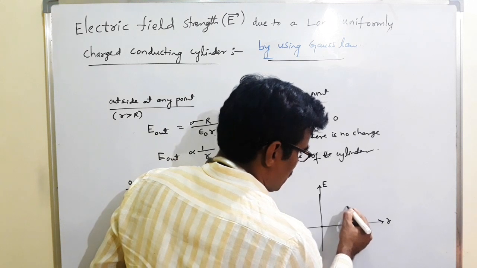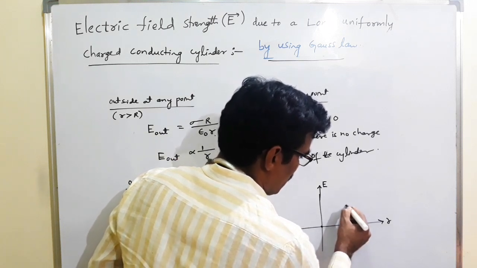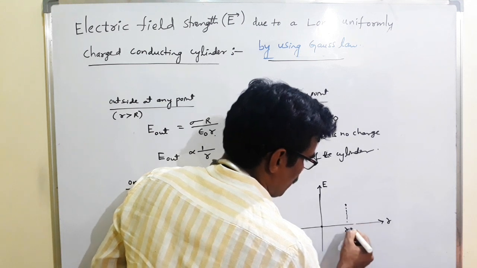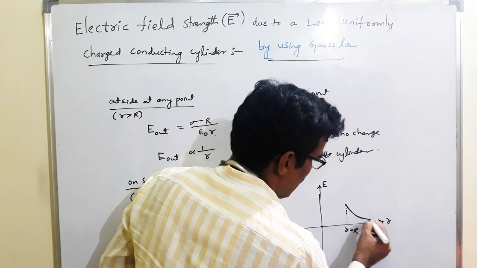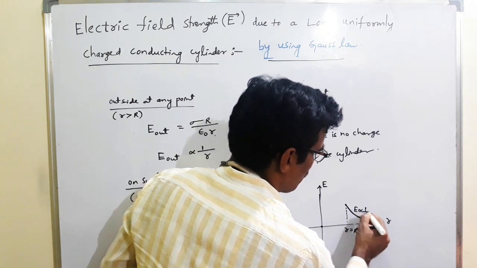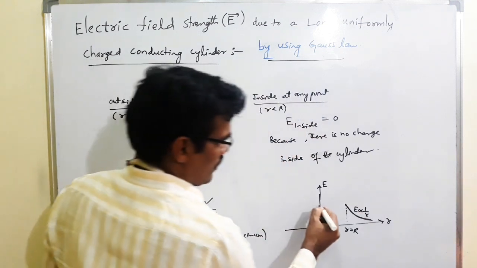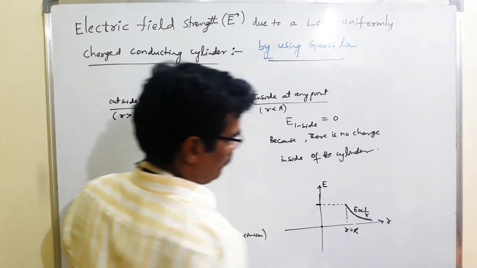That's why the field starts at this point. Small r equal to capital R, field is maximum and then decreases gradually. E is proportional to 1 by r outside. Okay, so here it is maximum.